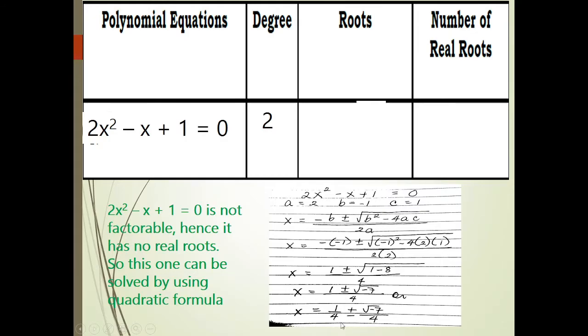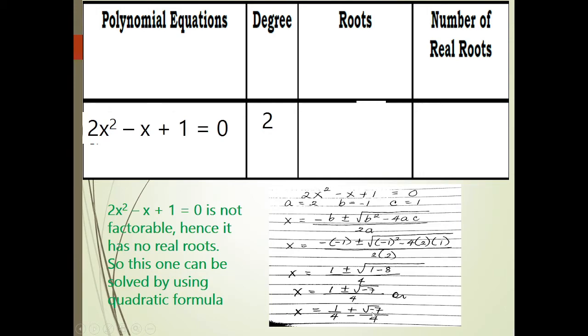X is equal to 1/4 plus minus square root of negative 7 over 4. And this type of number is not real, because there is no such thing as square root of a negative number. Walang square root ang negative number.